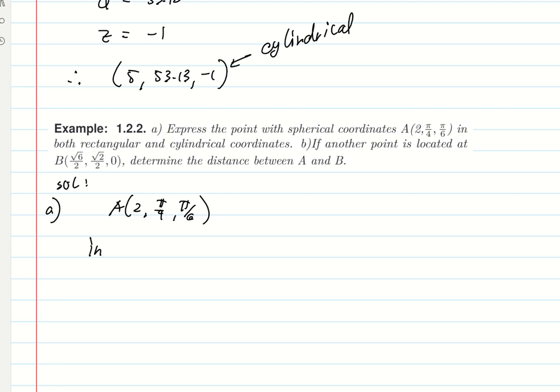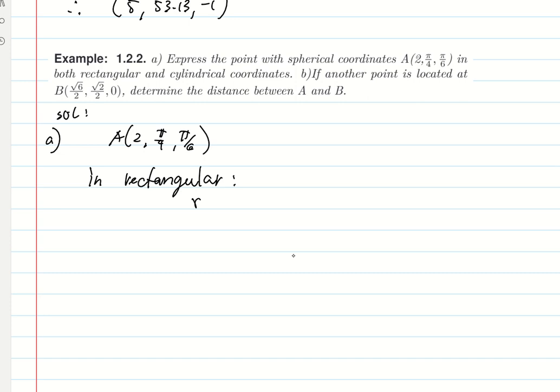First, in rectangular coordinates, our values for the spherical are r equal to 2, theta equal to pi over 4, and phi equal to pi over 6. These are in radians, so be careful with your calculator when the given values are in radians. You need to change your calculator to radian mode, not degree mode.